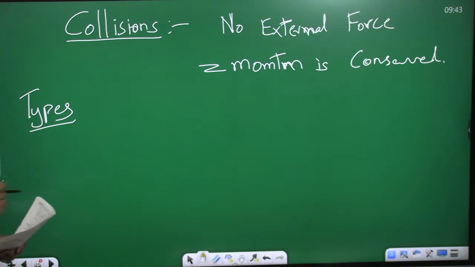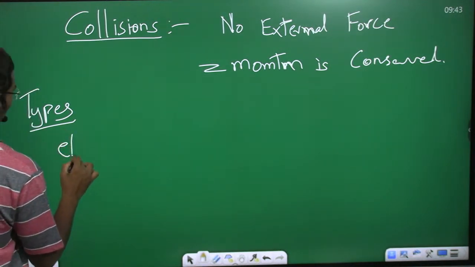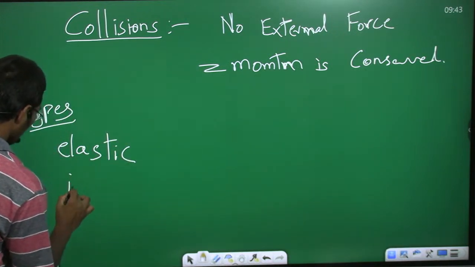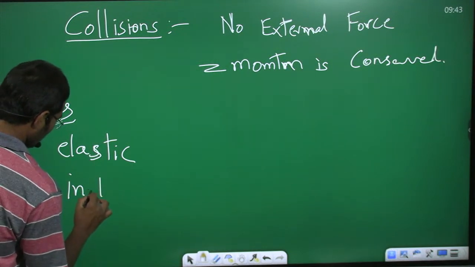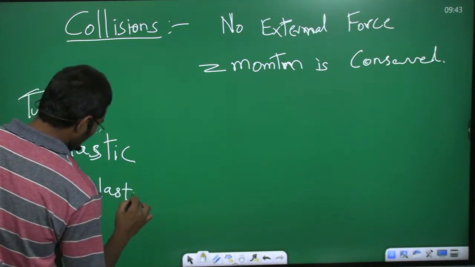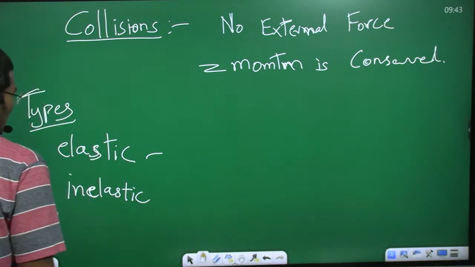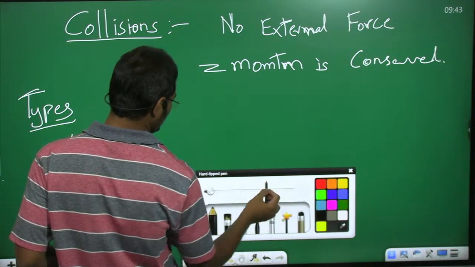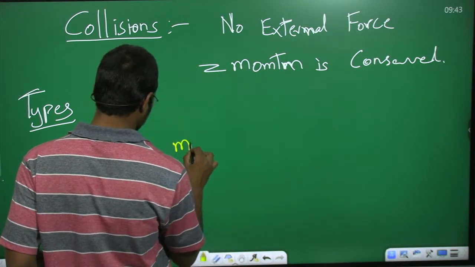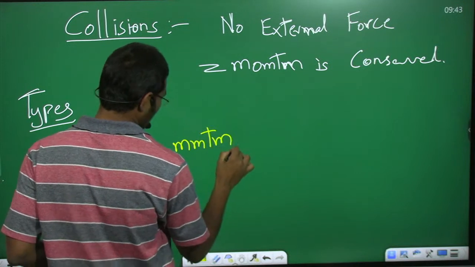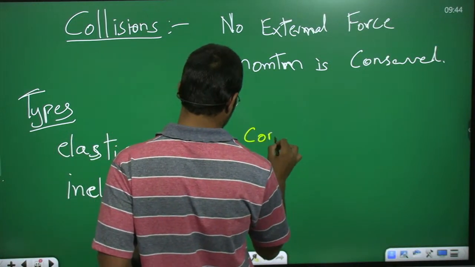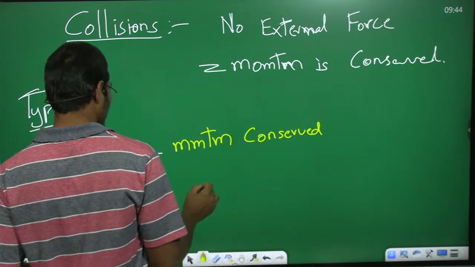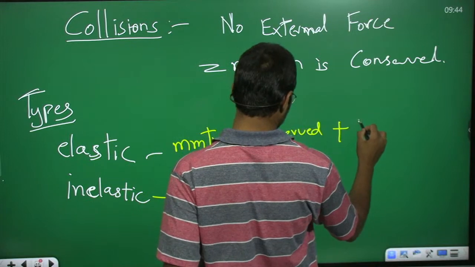So basically we have two types of collisions, that is elastic and inelastic. In elastic collisions, momentum is conserved, and energy is also conserved.